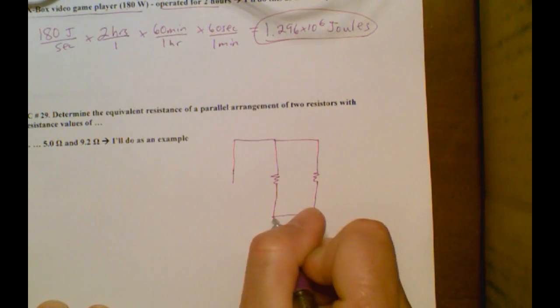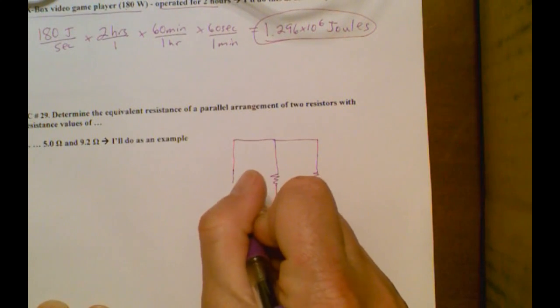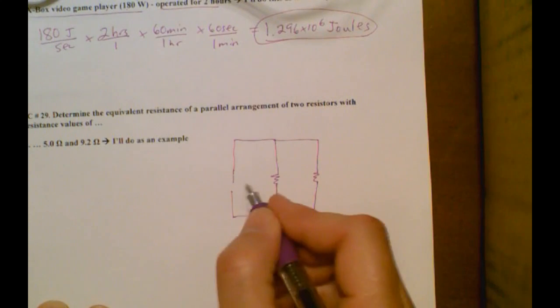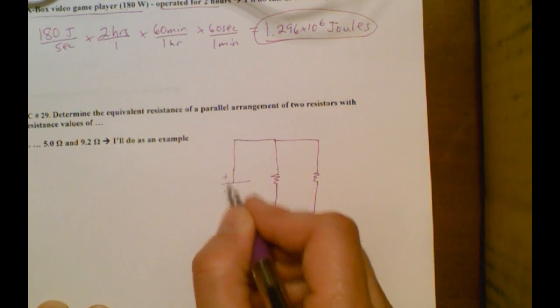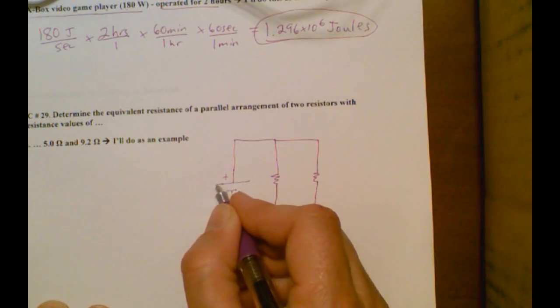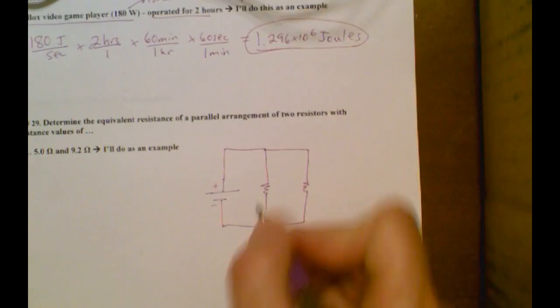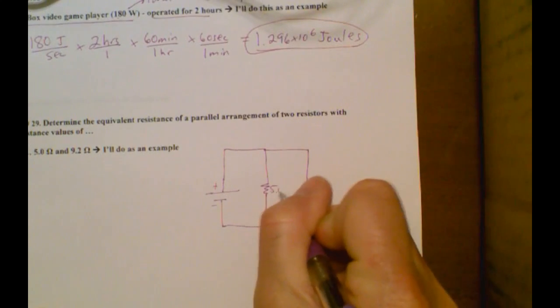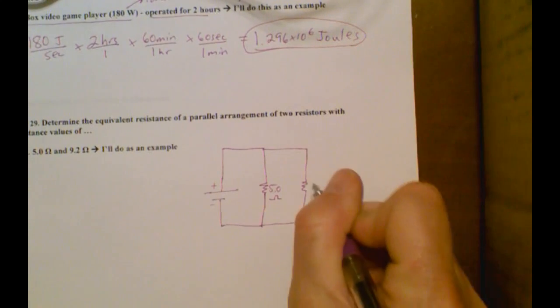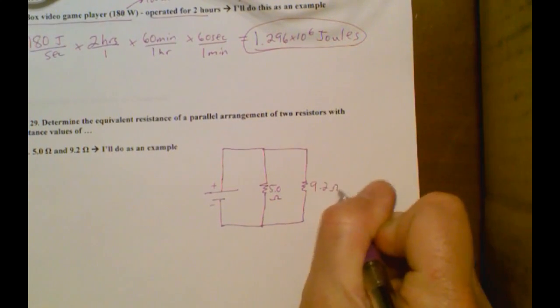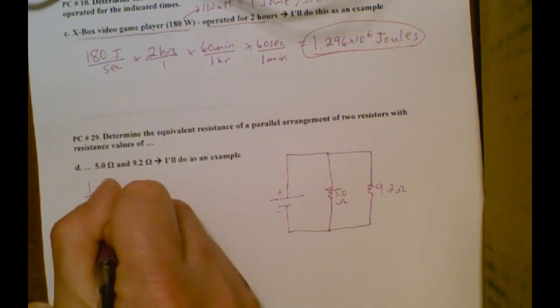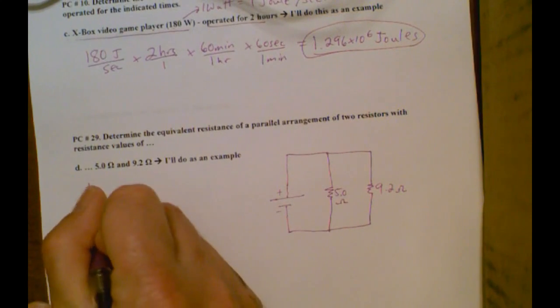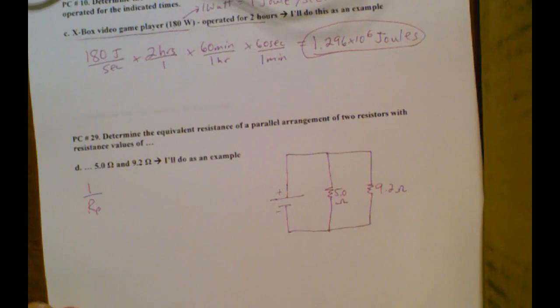I'm not asking you to figure out current here, so I don't really care if there's a power source here or not. I can draw one if you want. That would be a positive and that would be a negative. The power source isn't going to affect the resistance of these. So this is going to be 5.0 ohms, 9.2 ohms.